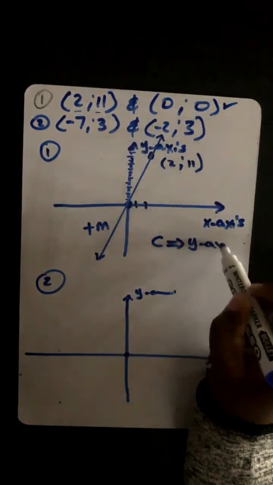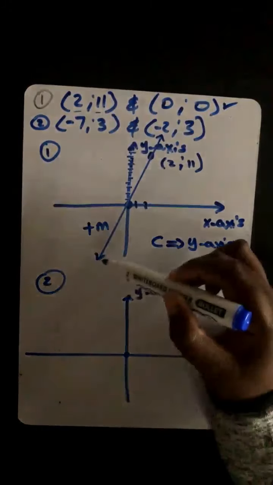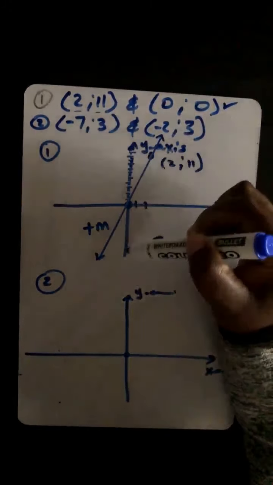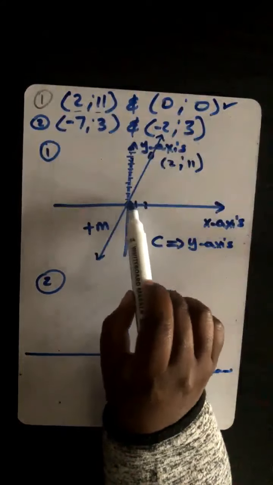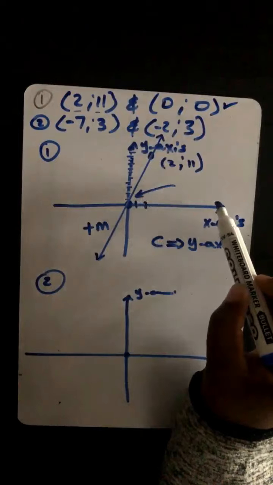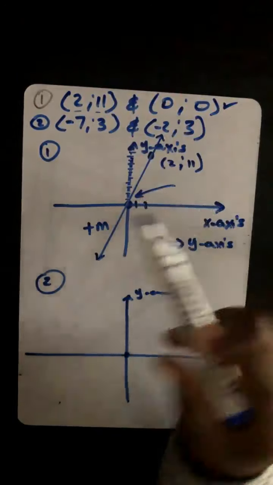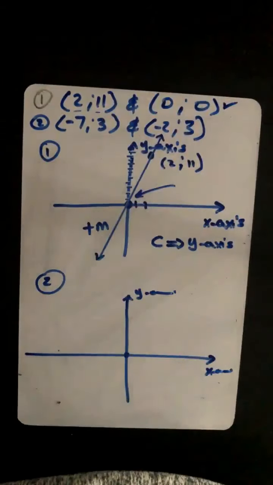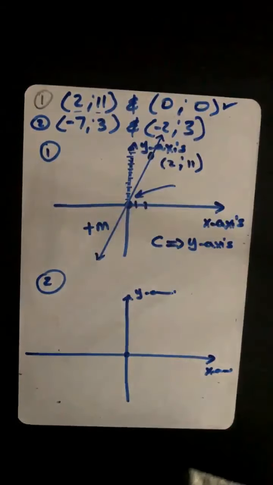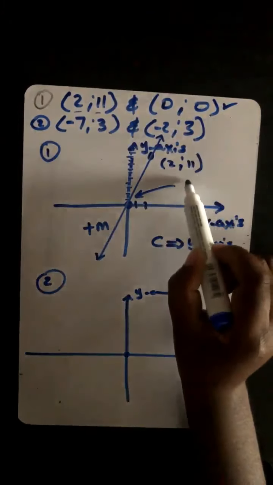So that means your straight line cuts the y-axis at the point of origin. So at the point of origin, we are going to have our c value. Do you want to give it a guess? Zero, sir. 100%. So the c value is equal to 0.